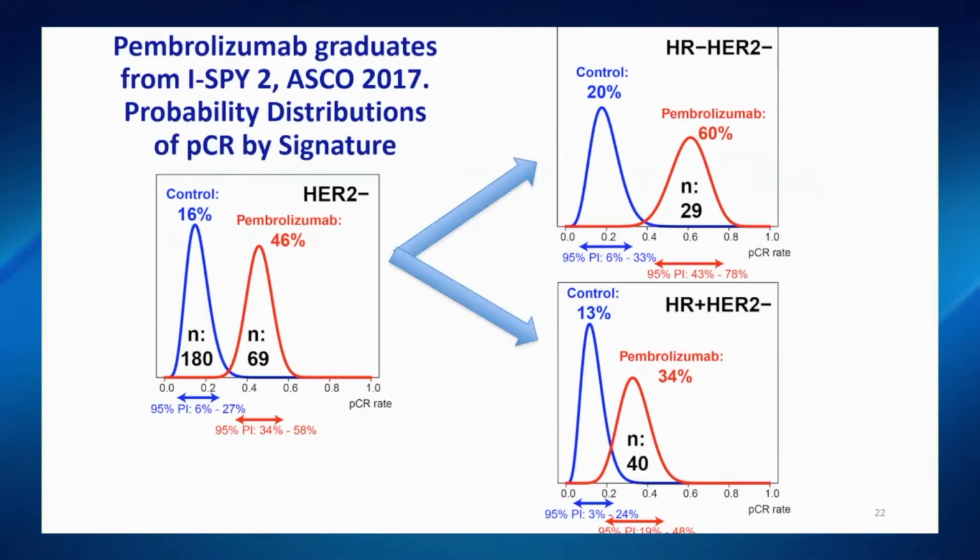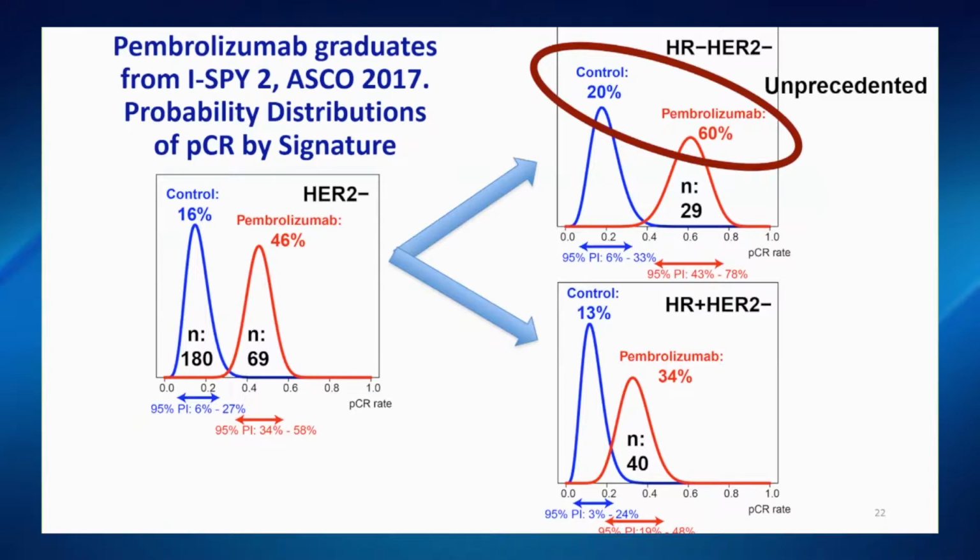So another example, we had pembrolizumab in the trial, and we announced in last year's ASCO the pembro results in triple-negative disease, the top box on the right, and hormone receptor positive HER2 negative disease. And it's really unprecedented results. 60% an estimate compared to 20% in triple negative.